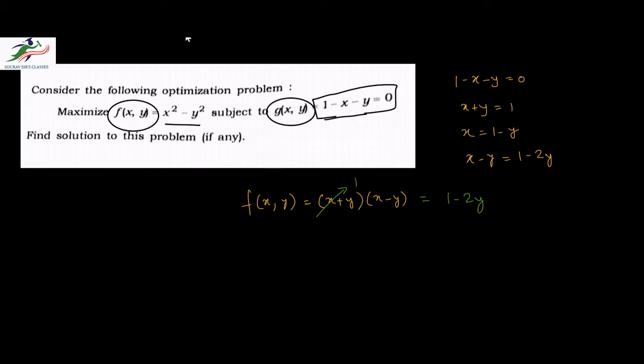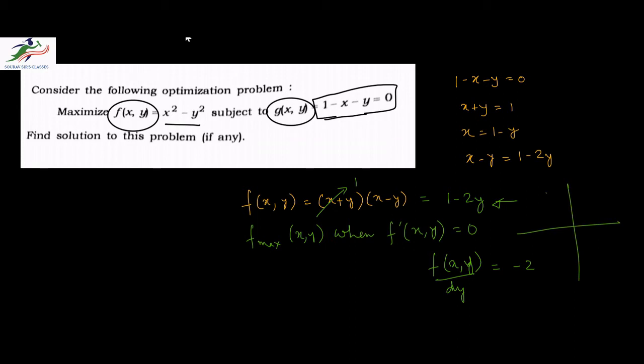So the function f(x,y) will be maximum when f dash of (x,y) will be 0. Now if we take the first derivative of this function with respect to y, df/dy is equal to minus 2.